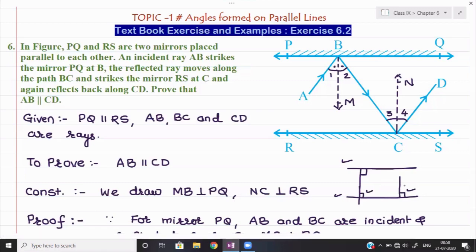So remember, if two lines are parallel and we draw a perpendicular separately on both the lines, then those two perpendicular lines will also be parallel. So here BM and CN are perpendicular on the two parallel lines PQ and RS, so BM and CN will also be parallel to each other. That we will mention in our solution further.